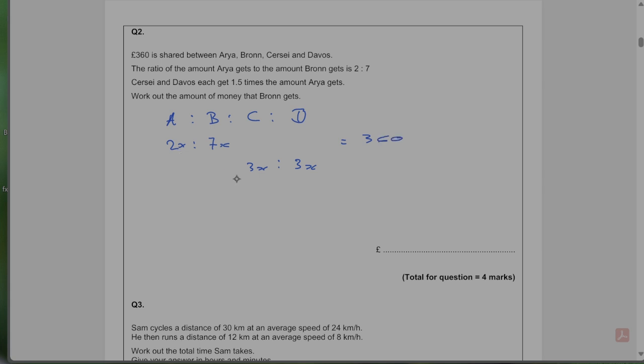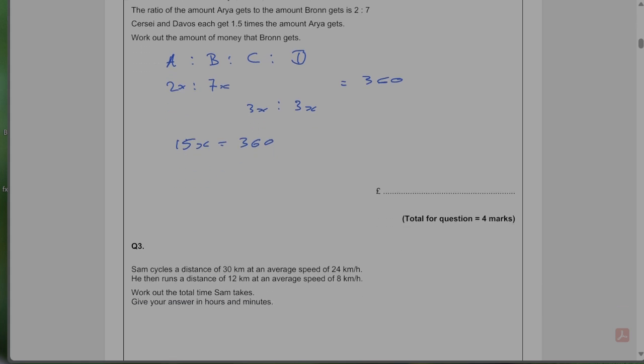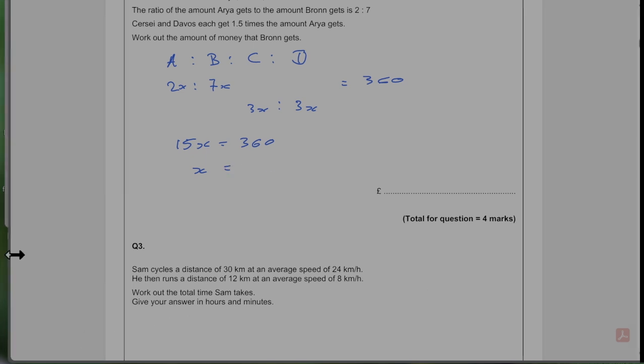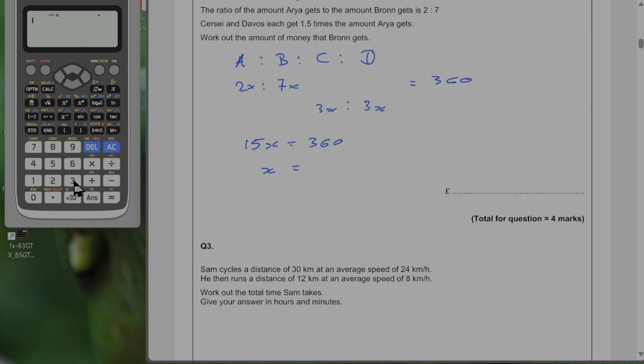So what we can say is if we add these parts together, a bit like we did with question 1, we've got 10, we've got 15. So 15x is going to be equal to 360. So if I divide both sides by 15, then x is going to be equal to 360 divided by 15.